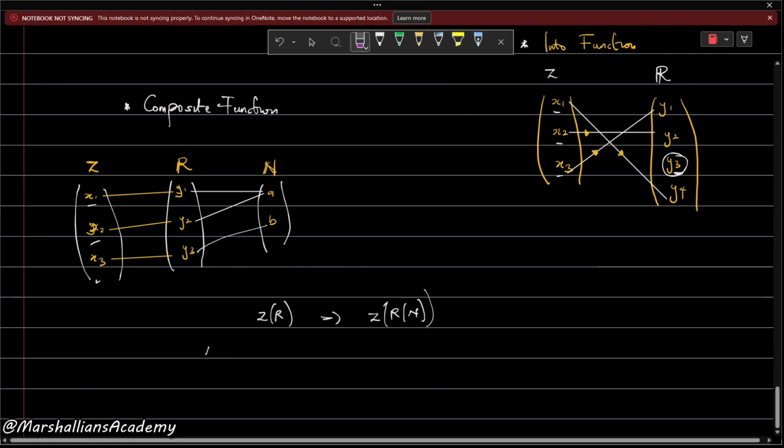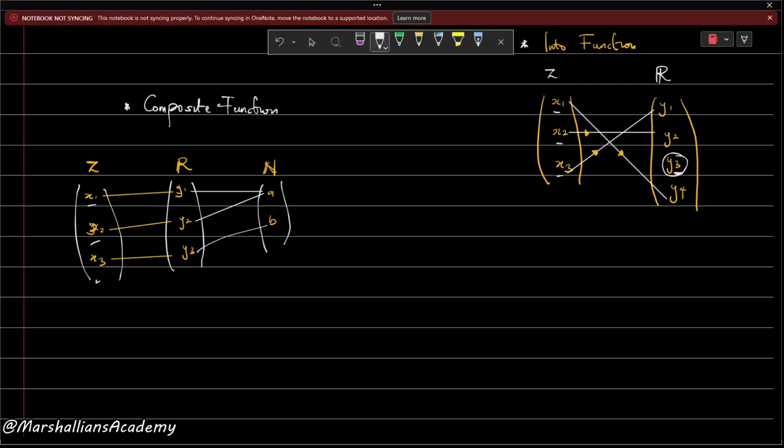For the function to be composite, let me try and explain it with English. My range becomes a domain for a new function. Now, if you look at it, this is the original domain, and this is the range. But what did you notice? The range now becomes a new domain for a new function. Are we together?